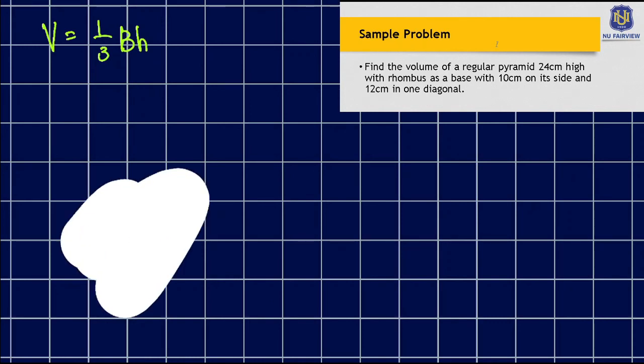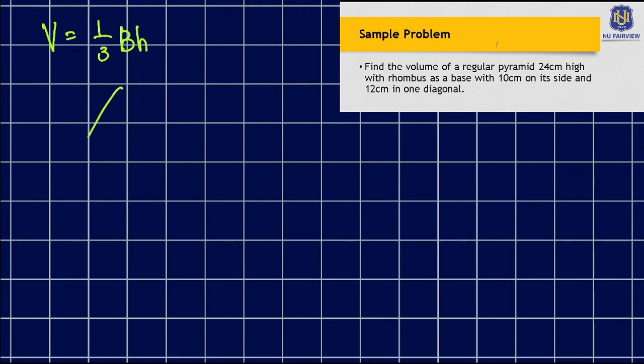Okay, ulitin ko lang yung figure. So, ito po yung ating rhombus at meron daw siyang 10 cm ang side and 12 cm naman on one diagonal. So, let's say ito yung diagonal natin na 12 cm.